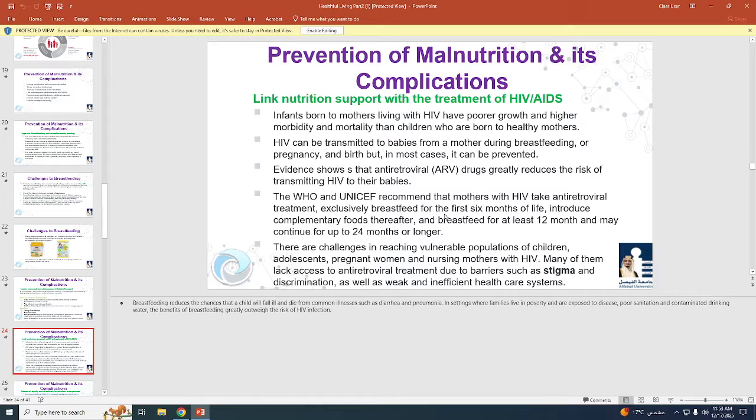Women who live in poor rural areas, their children are more susceptible to infections from the environment than to the HIV itself. So breastfeeding will protect those children from infections from around them.